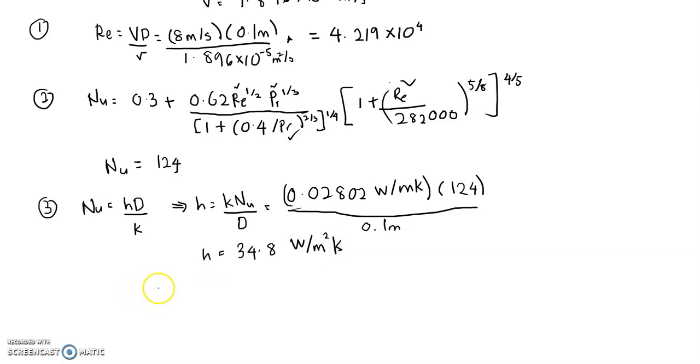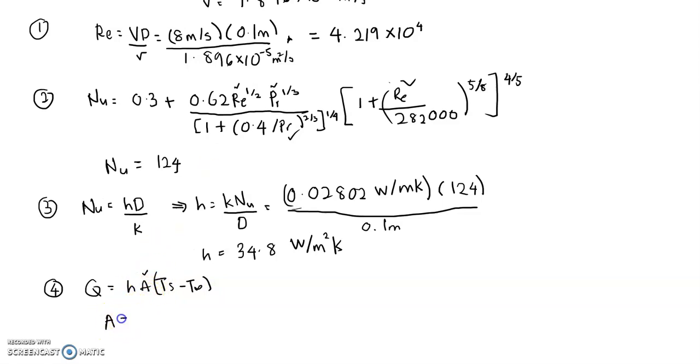So now we can solve for Q, the rate of heat transfer. Q equals hA times T surface minus T infinity. So we need to find the area of the cylinder.